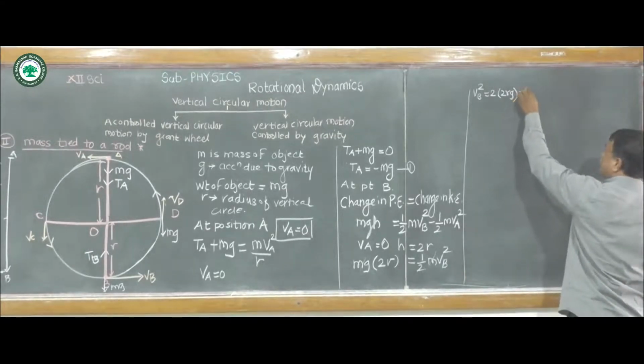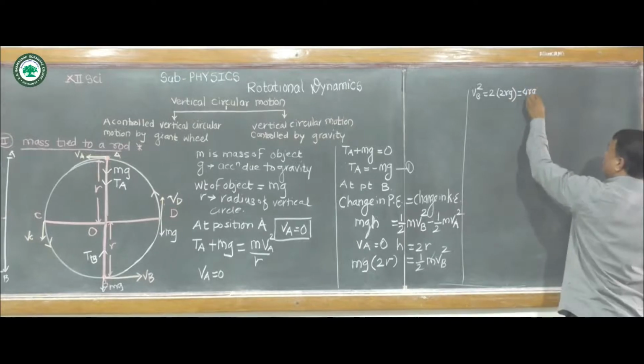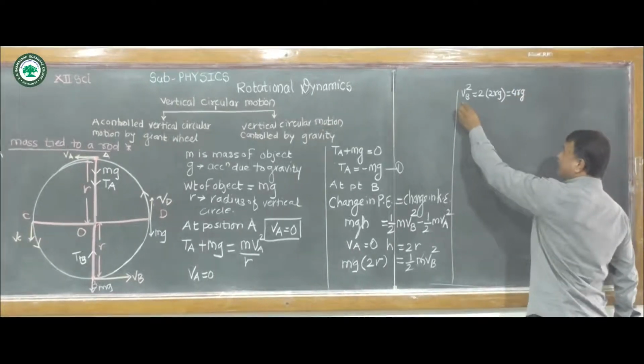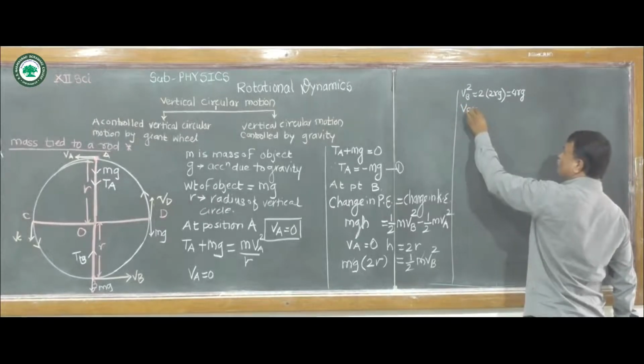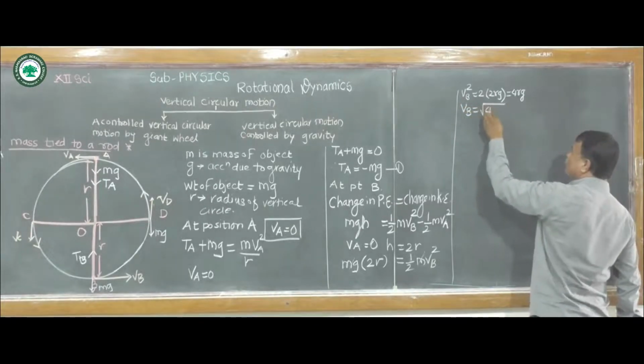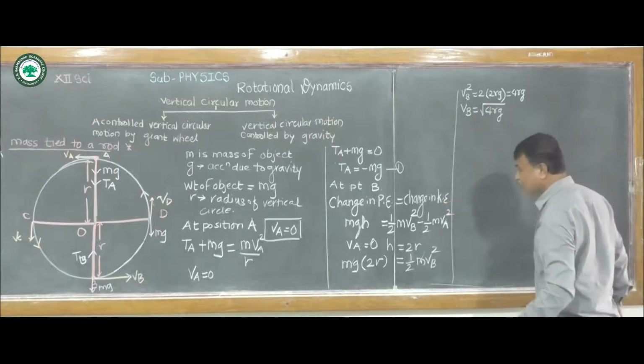So we write VB square is equal to 4rg, and by taking the square root of both sides we get VB is equal to under root 4rg.